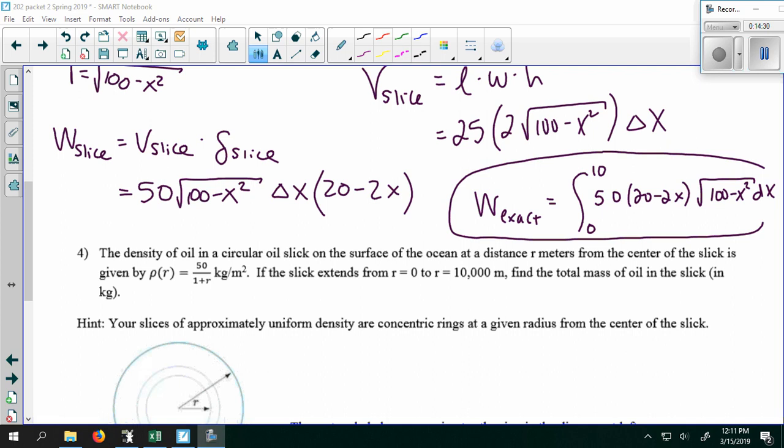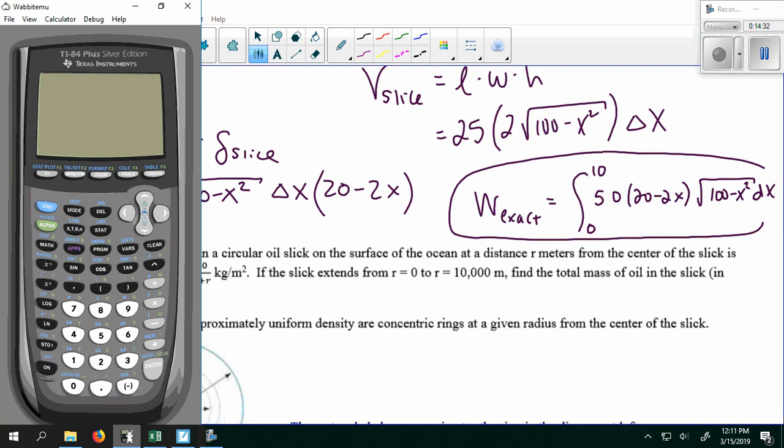And then we are supposed to calculate the value of this on the calculator. Math 9, integral from 0 to 10 of 50 times 20 minus 2x times the square root of 100 minus x squared dx.